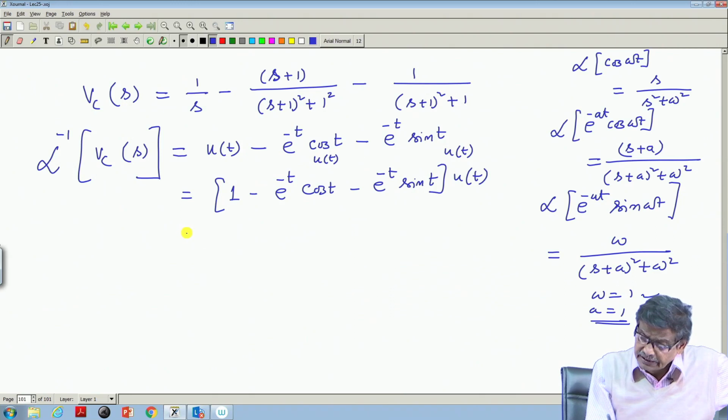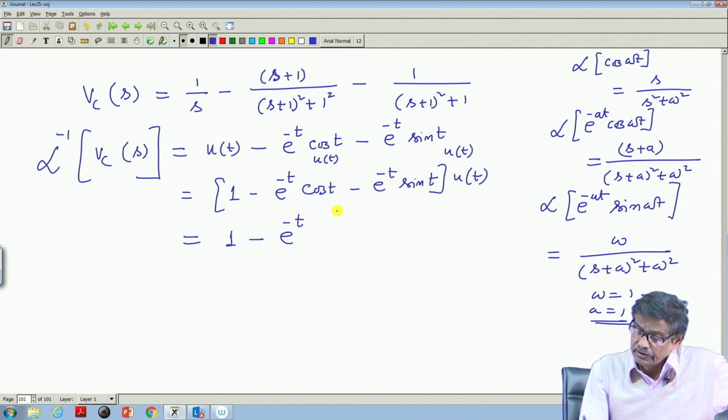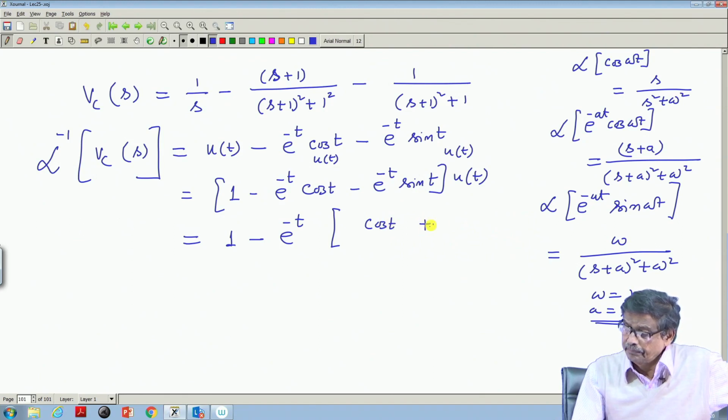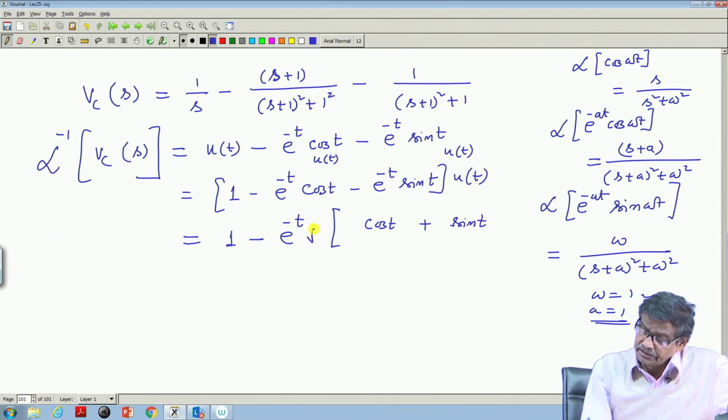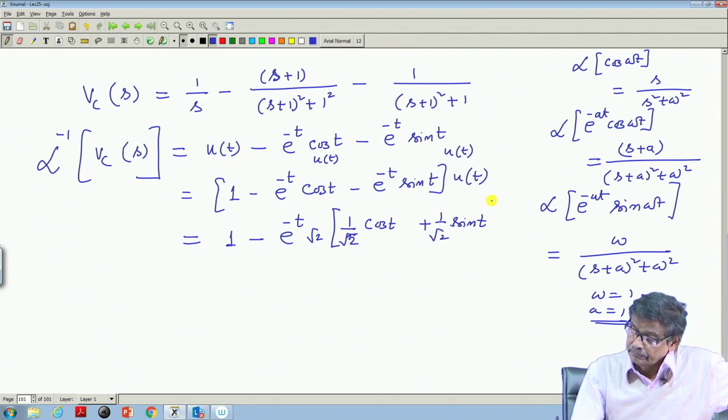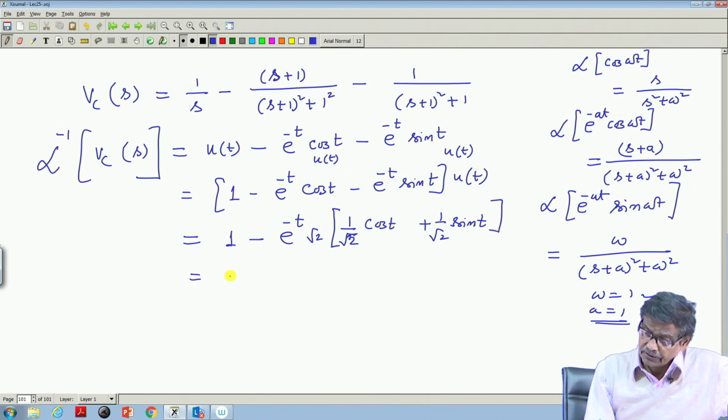If you wish, this can be further simplified as 1 minus e to the power minus t taken common, and this is cos t plus sin t, and then multiply with root 2, divide by root 2, and this will be equal to 1 minus root 2 into e to the power minus t.